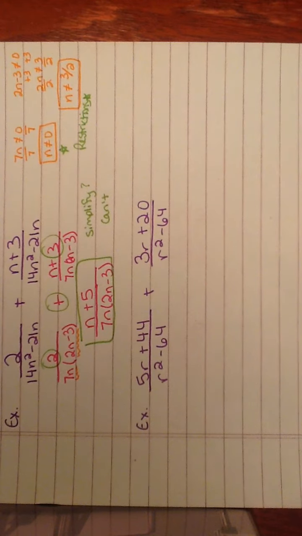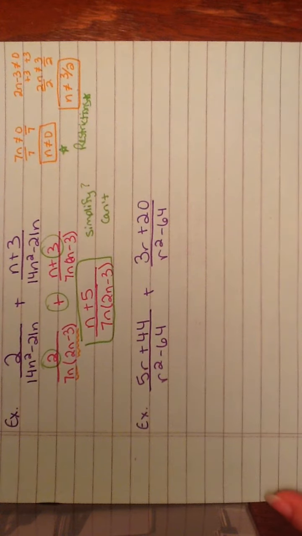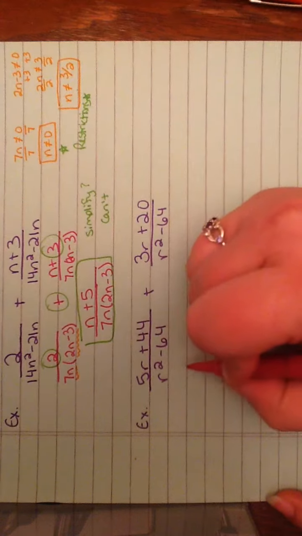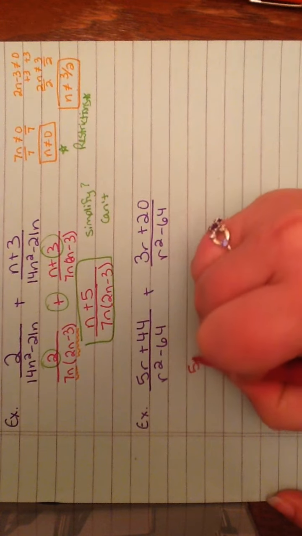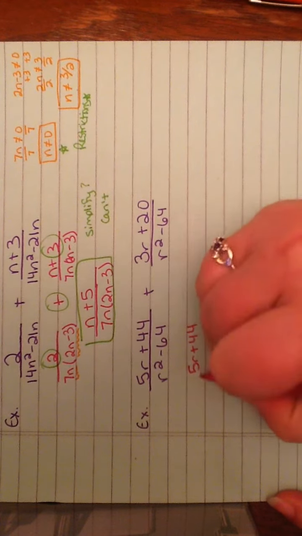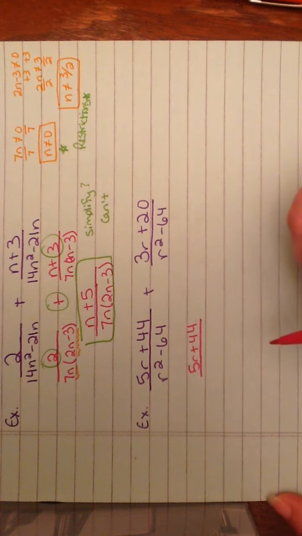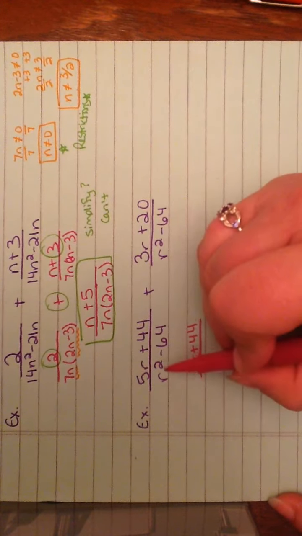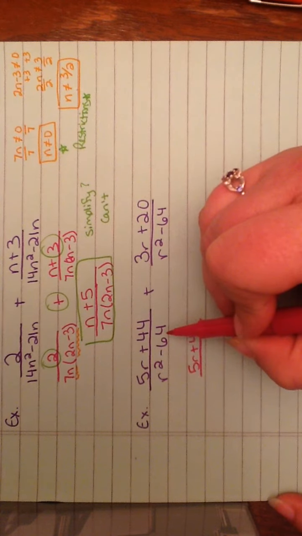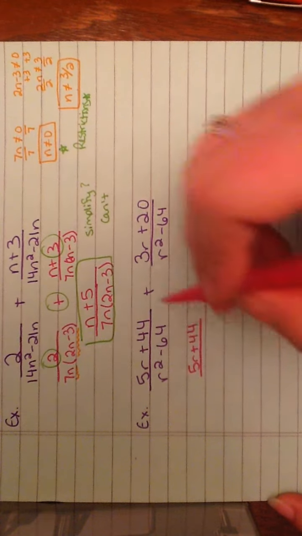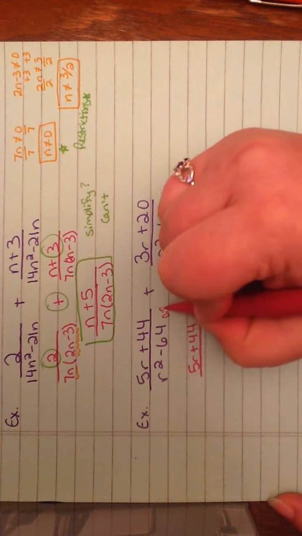Okay, so again, first thing, we need to factor our denominators. So bring down your numerator, 5r plus 44 divided by r squared minus 64. Now hopefully by this point in the year you can recognize that r squared and 64 are both perfect squares. With a subtraction here, this is difference of squares.